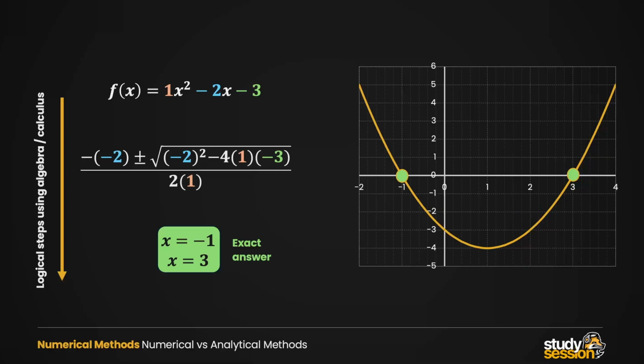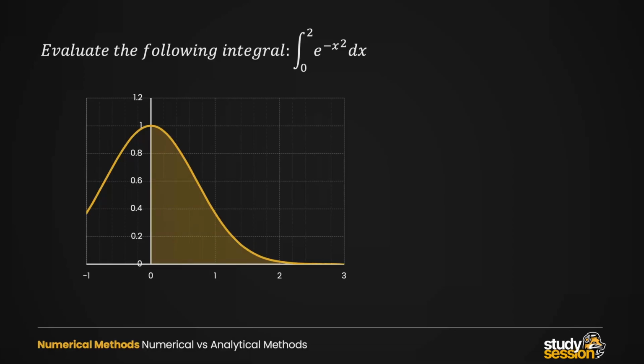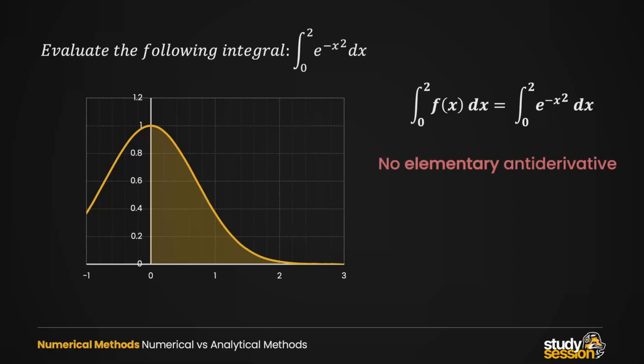So, if analytical methods give us an exact, perfect answer, why do we even need numerical methods? Well, try to evaluate the definite integral of e to the power of minus x squared from 0 to 2 using the fundamental theorem of calculus. You can go ahead and try to find the antiderivative, but you're not going to get very far because we actually can't.